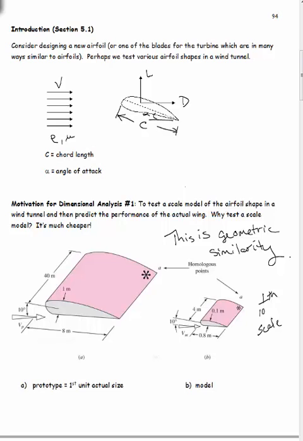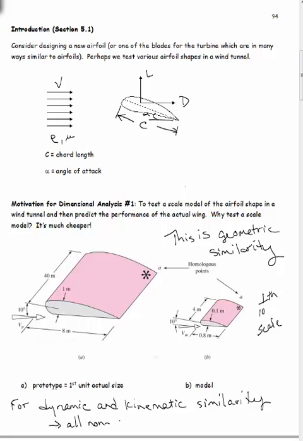Okay, that's the easy part. We also need to get what's called dynamic similarity and kinematic similarity in order to do scale modeling. So for dynamic and kinematic, so movement and time based, that means all non-dimensional parameters must match.